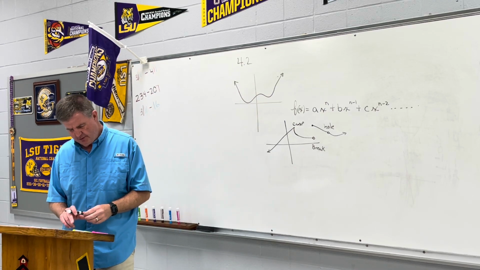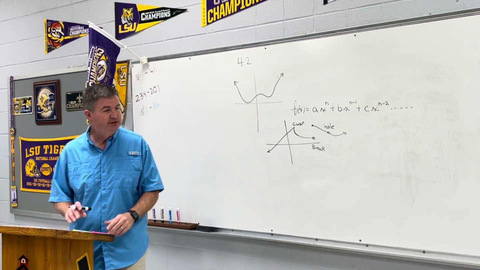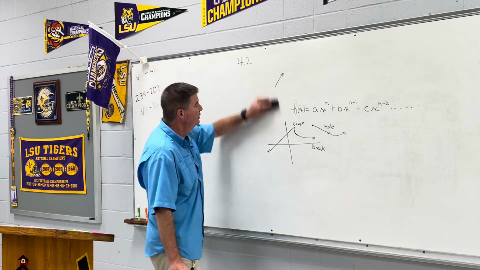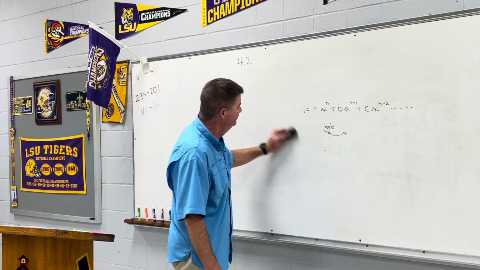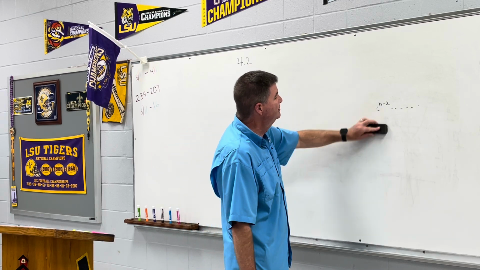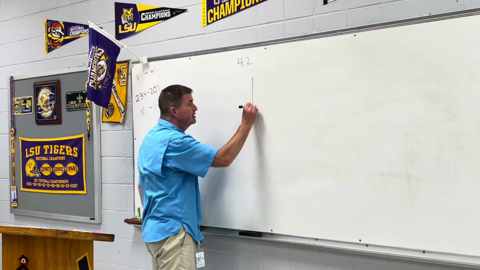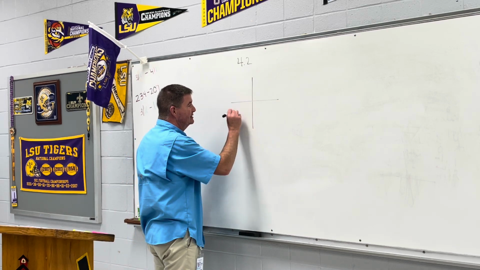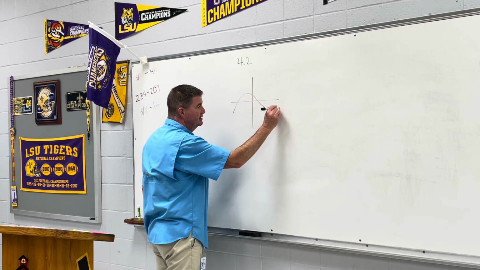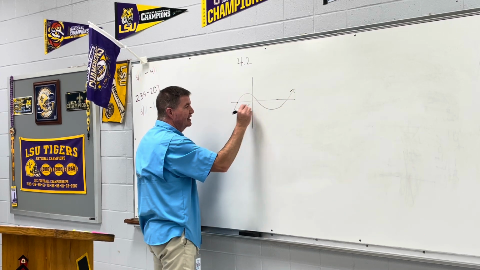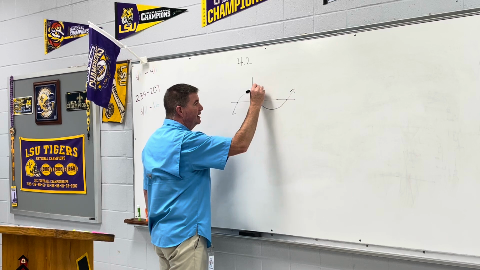But in order to graph them, we are going to find something called the zeros of the function. The zeros of any function means where the function crosses the x-axis. If it's doing this, then every place that it crosses the x-axis is one of my zeros.